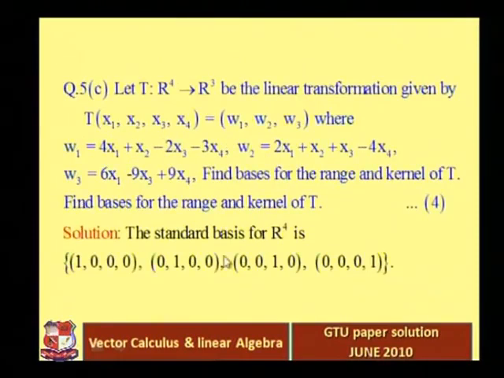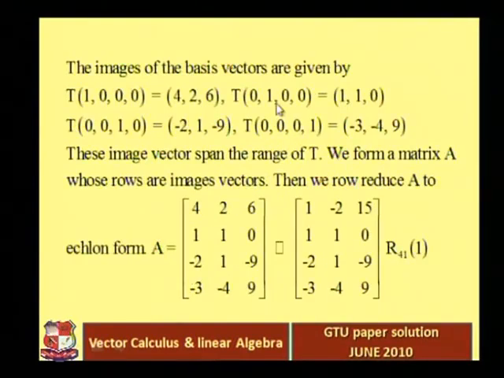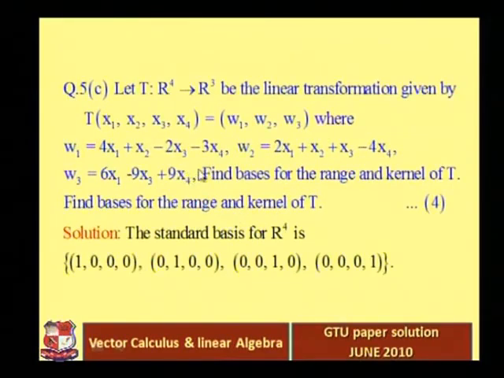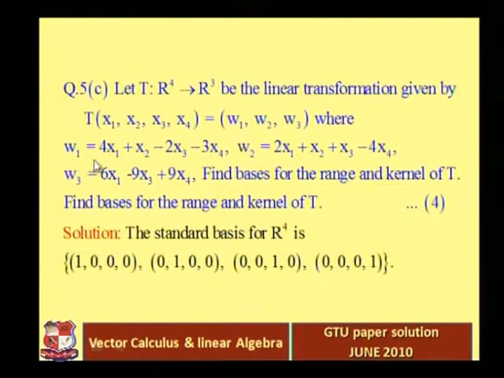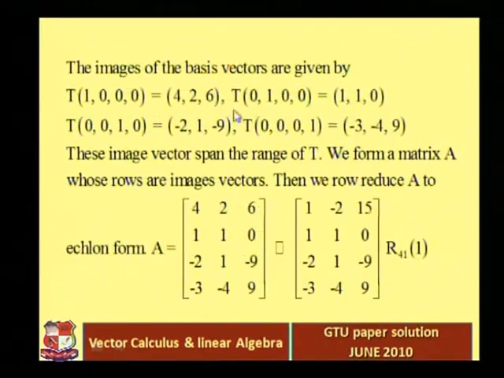T of 0 1 0 0: put 0 1 0 0 in this w1 w2 w3, so you will get 1 1 0.